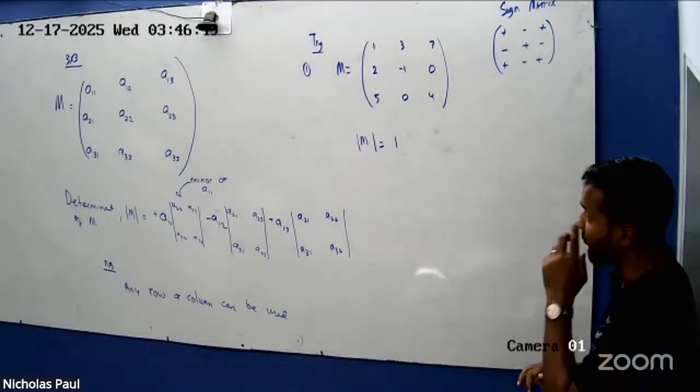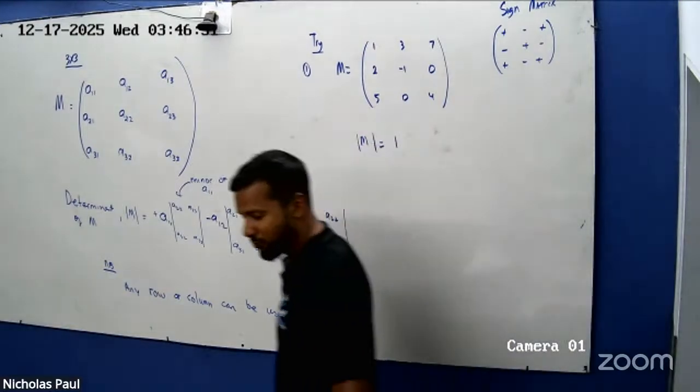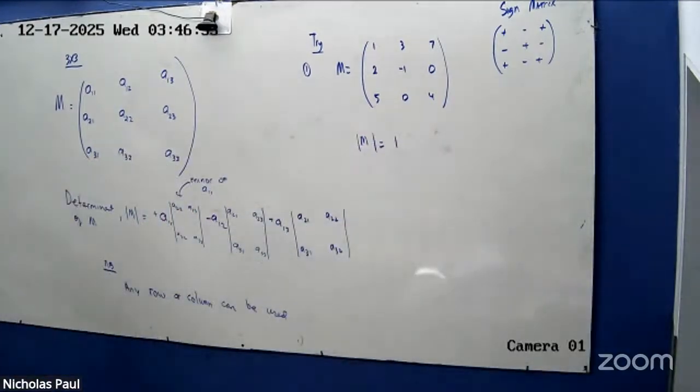I am using the row with the 4. Take your time when you're working out the minus.